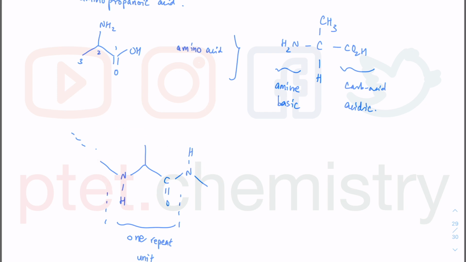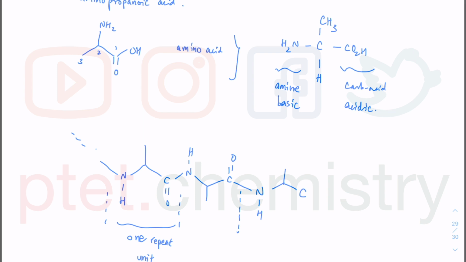So I'm just going to repeat this entire unit, and I can just draw it like this, and then this will be CO, and then that is another repeat unit, and then NH, and it just repeats itself really.